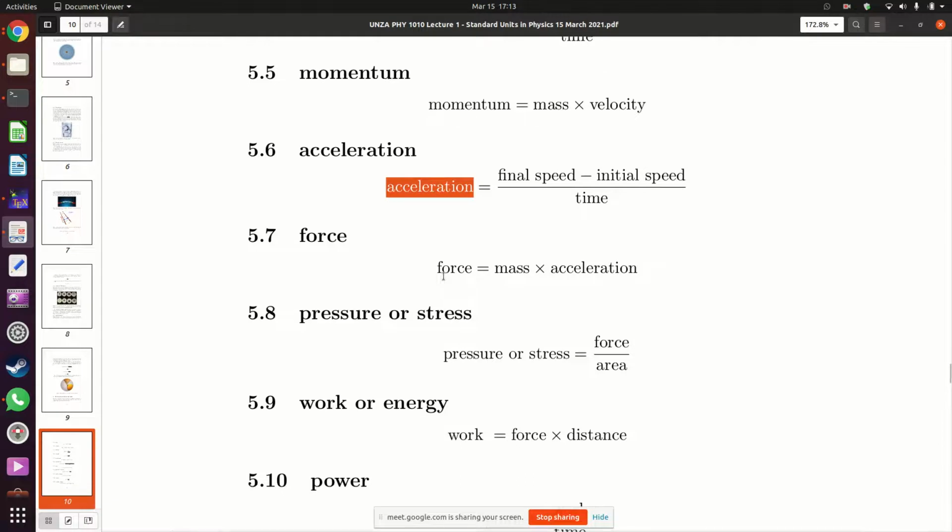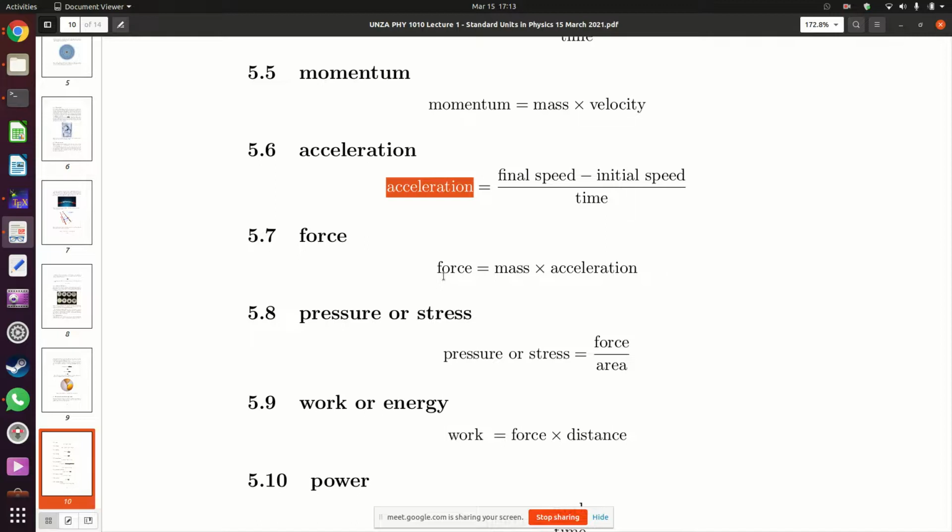In physics, we define force as follows: the mass of an object multiplied by the acceleration of the object. The acceleration is the change in speed divided by how much time it has taken.